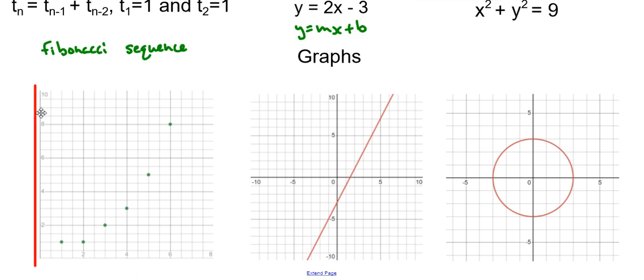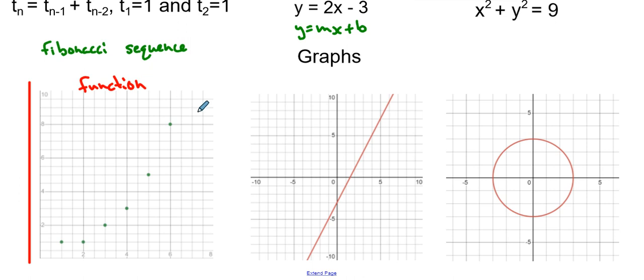You can probably just look at this, but you're welcome to use a straight edge if that helps you, right? And so as we pass this along, it has these series of points, and it never touches this vertical line at more than one spot. So this is definitely a function. And again, it's because it passes that vertical line test.